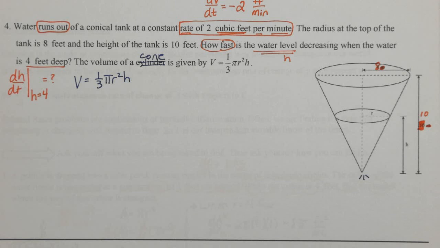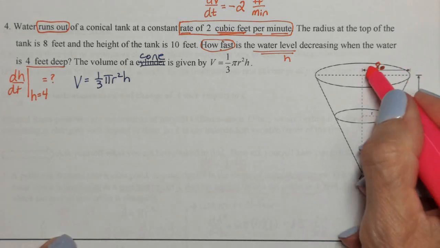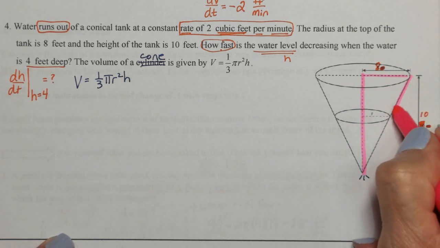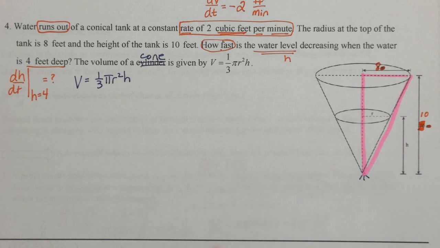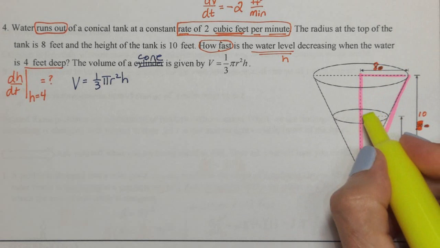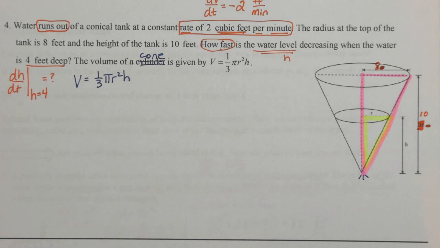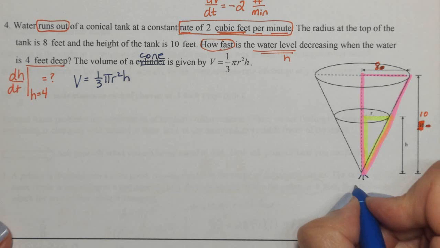Okay. I can think of 2 good ways to do this problem, but I'm going to show you the way that I always do these. So, over here on this cone, do you see this from the top of the cone? Do you see this little triangle there? It's actually not a triangle, but it's that part of the cone. And do you see this one? Those are similar triangles.